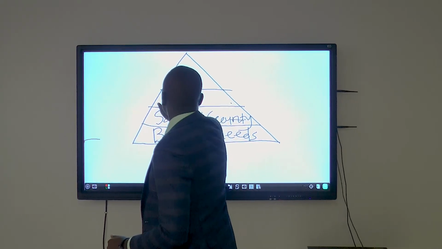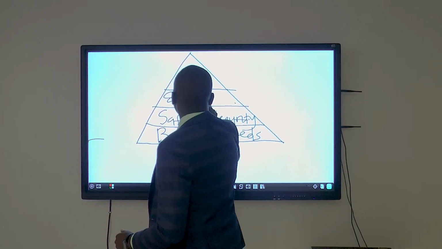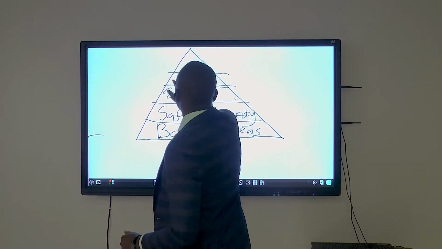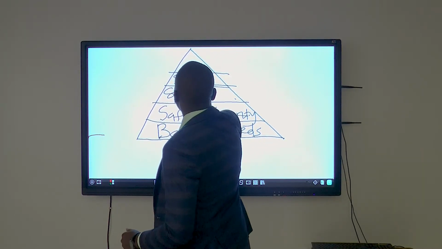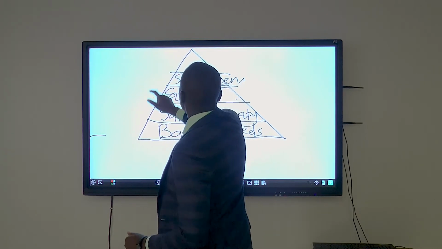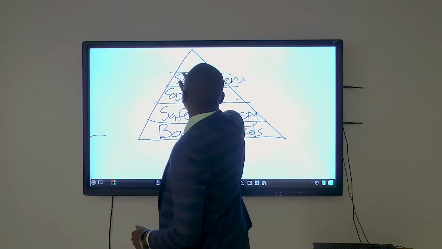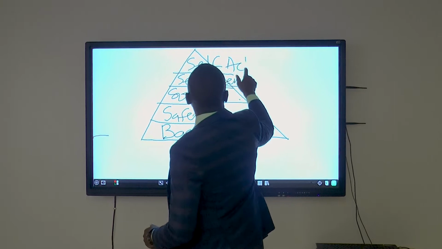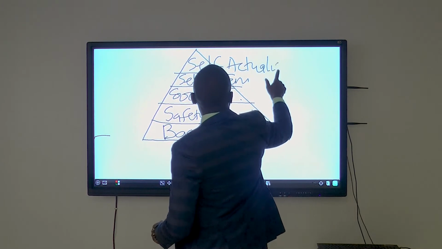Third, we have social needs. Then from there, we have self-esteem. Then from self-esteem at the epitome, we have self-actualization.